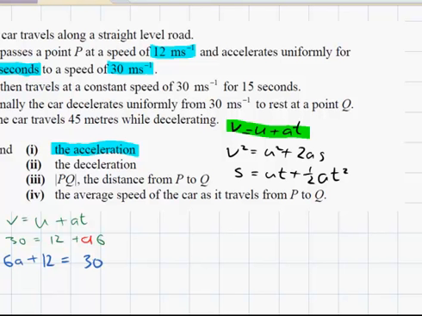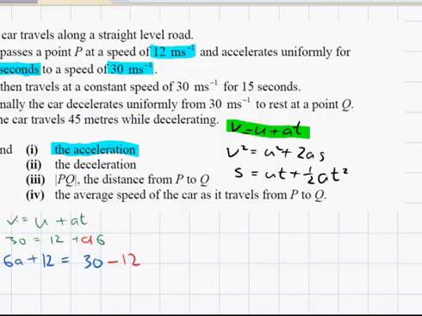Thinking in algebra terms, I would always subtract 12 from both sides to solve this equation. So I'll do that now, minus 12 on that side.